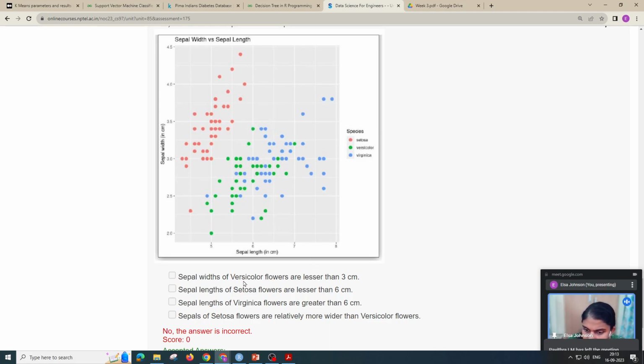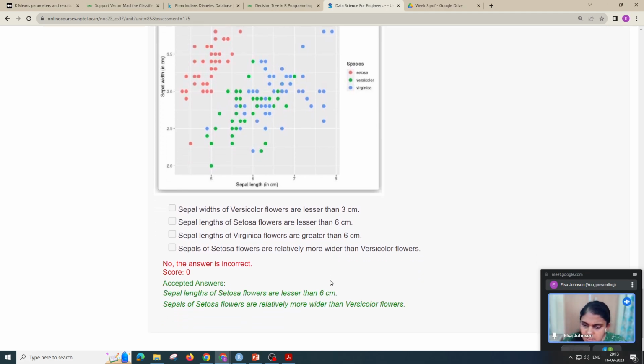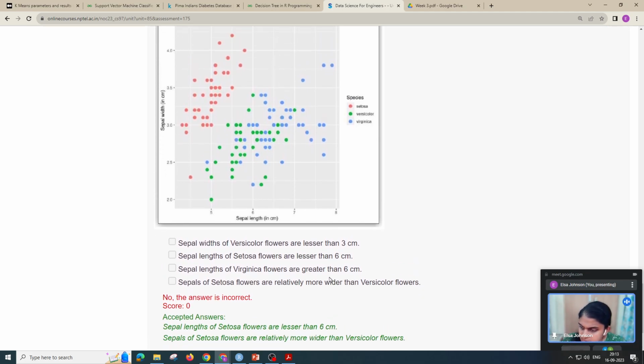Then next one, sepal length, in this axis, of setosa flowers marked by red. They are lesser than 6 centimeters. The 6 centimeter line is here, so anyway it is lesser than that. That is why you can take that particular answer.